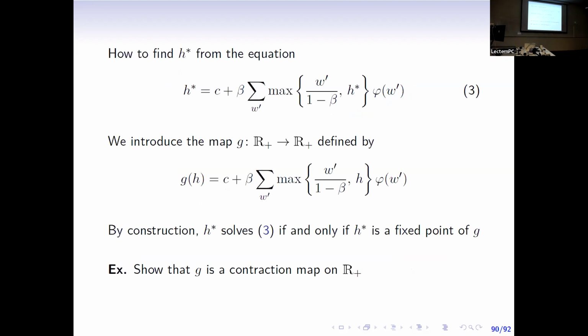One thing that it does depend on is the IID assumption. If I go beyond that and assume that wages are Markov, then my continuation value, if I think about future values, is going to depend on the current state, because current wages are going to affect future wages. I've got correlation. So suddenly now H star is a function of W, and I've just gone from one function of W to another function of W. I haven't helped myself at all.